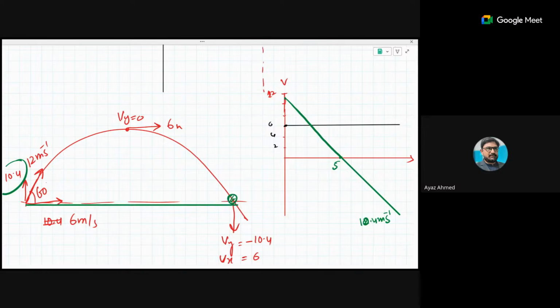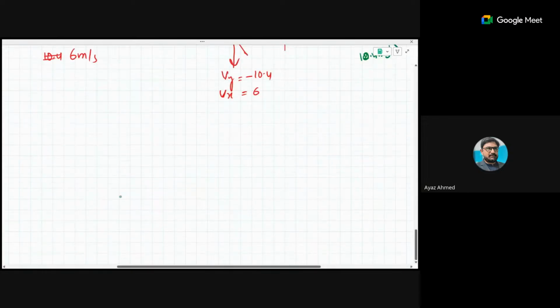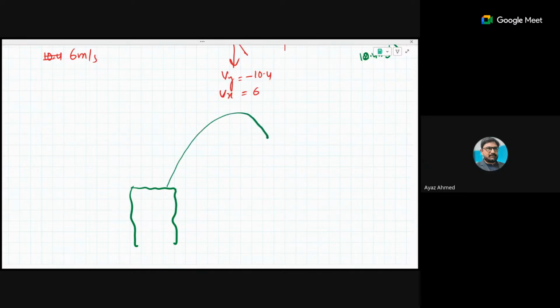If it is dropped down, for example, there are some questions in which a projectile is thrown from a cliff, and that projectile is not hitting back to the hand. For example, a person is on that cliff, and a projectile is being dropped from here, and it just drops and drops.